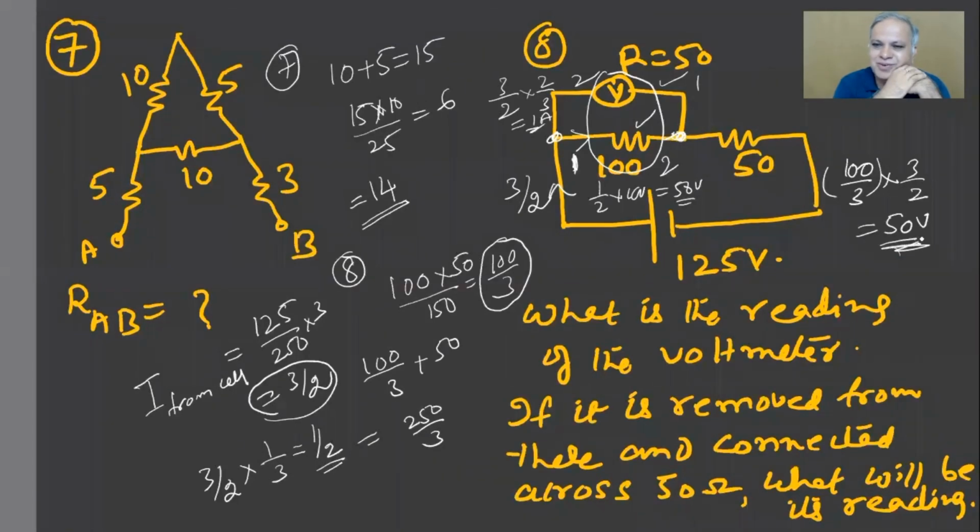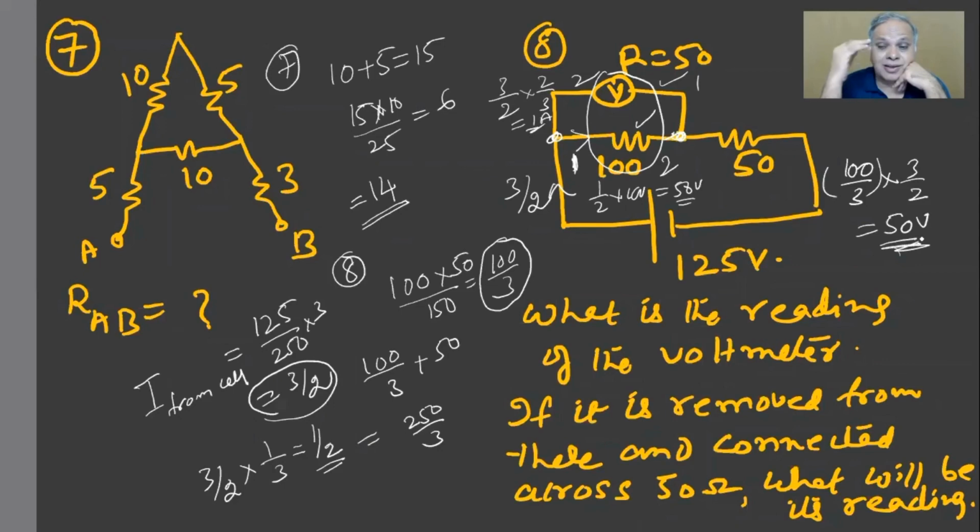Actually, if you're smart, you could have guessed it. Okay, you can do it and confirm your guess. Look, 150 without that voltmeter are in series, isn't it? Yes, they are in series. So in series, potential will be dividing in the ratio of the resistances. For 100 it will be 2 times, for 50 it will be 1 time.